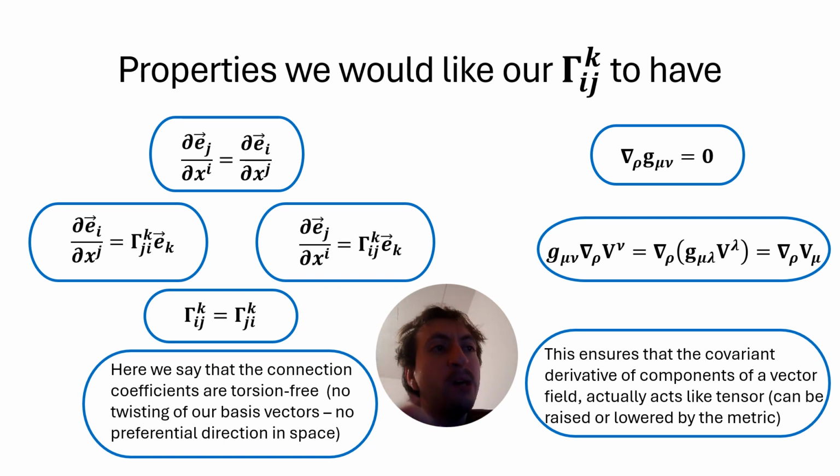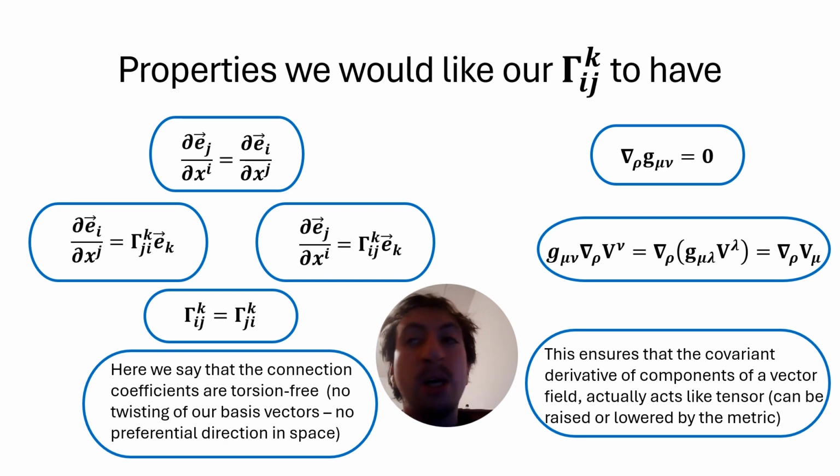So, there are some justifications for using these two conditions, something being torsion-free and something being metric compatible, in themselves, but the really good thing is that using both of them together, we can come up with a unique equation that will allow us to find the connection coefficients if we have our metric.